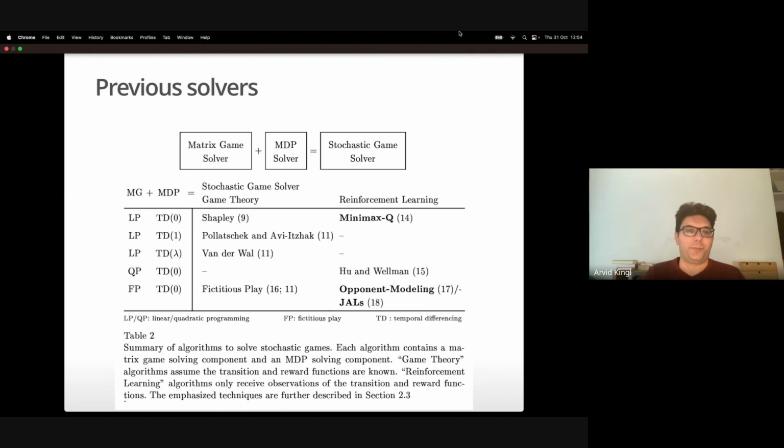And just by combining different versions, you can get quite a large class of different algorithms that should be able to solve stochastic games. However, they often have some drawbacks. I think we're going to discuss them here.